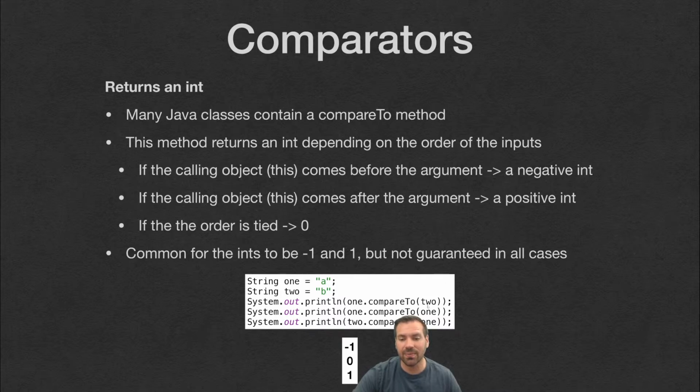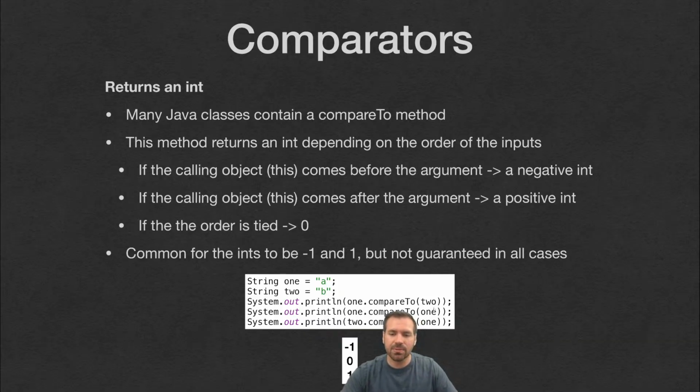And then the second one will be given as an argument, and it'll be stored in a parameter in the compareTo method. Those are the two objects being compared. So if the first one comes before the second one, the compareTo method will return a negative integer. If the parameter comes before the calling object, or the second one comes before the first one in fully sorted order, it'll return a positive integer. And if their relative ordering is the same, it'll return 0.